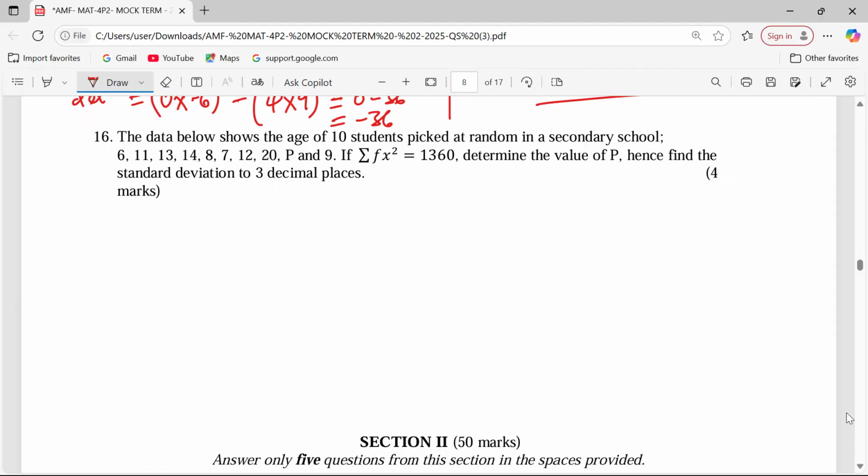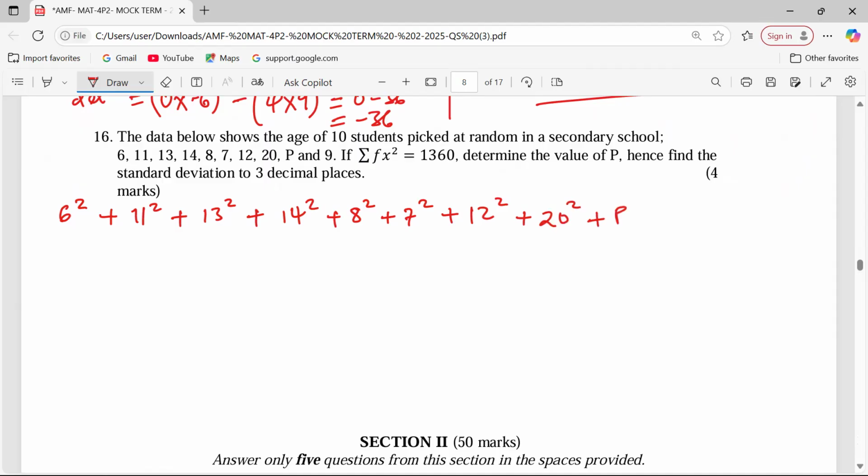So f is 1. So 6 squared times 1, 11 squared times 1, 13 squared times 1, 14 squared times 1, 8 squared times 1, 7 squared times 1, 12 squared plus 20 squared plus P squared plus 9 squared should give us 1360.